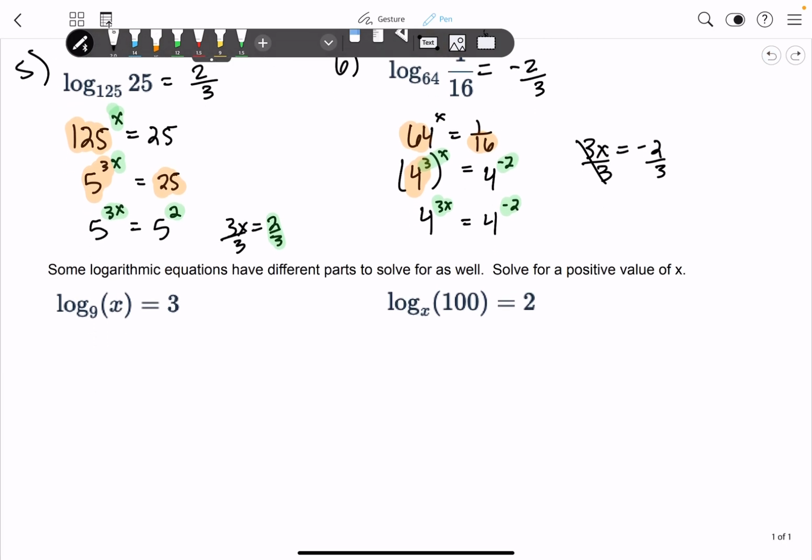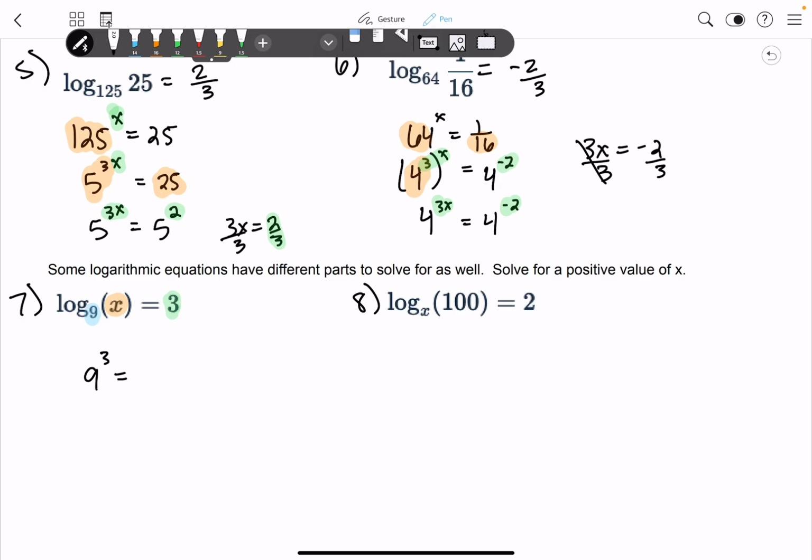There are 2 more to go over. Sometimes we're not solving for what the log is equal to. In this case, this base of 9 raised to the third power will tell us what we're taking the log of. So base of 9 raised to the third power. What's 9 times 9 times 9? 729.